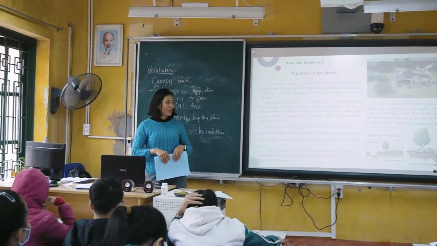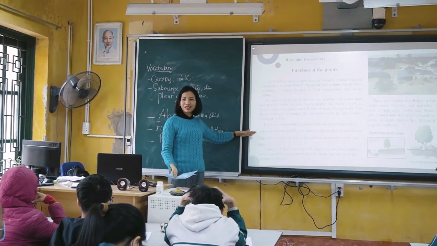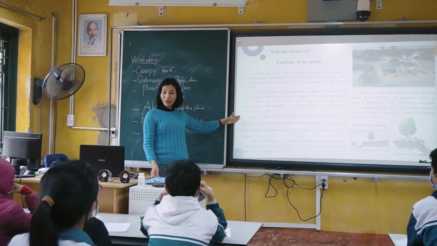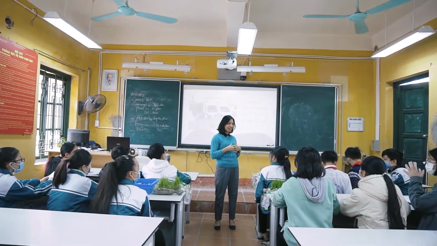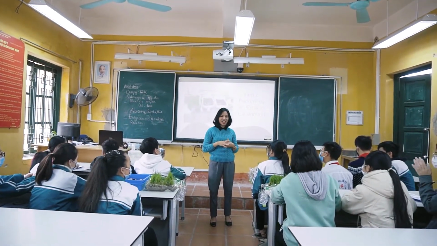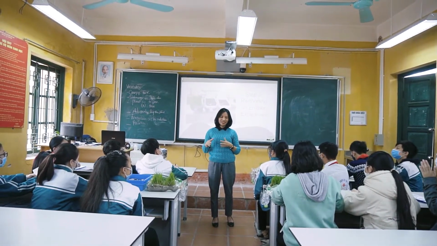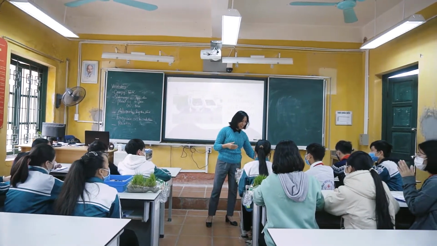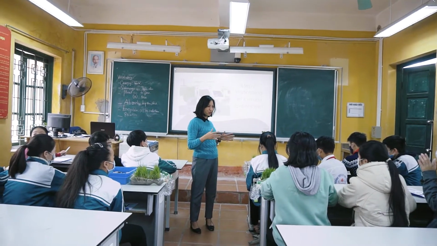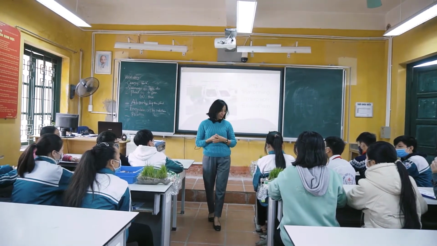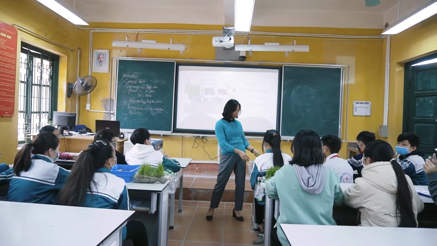And now you can translate the text into Vietnamese. And now is the last activity for the lesson today. As you can see, we have 3 groups, and each group has 3 containers.